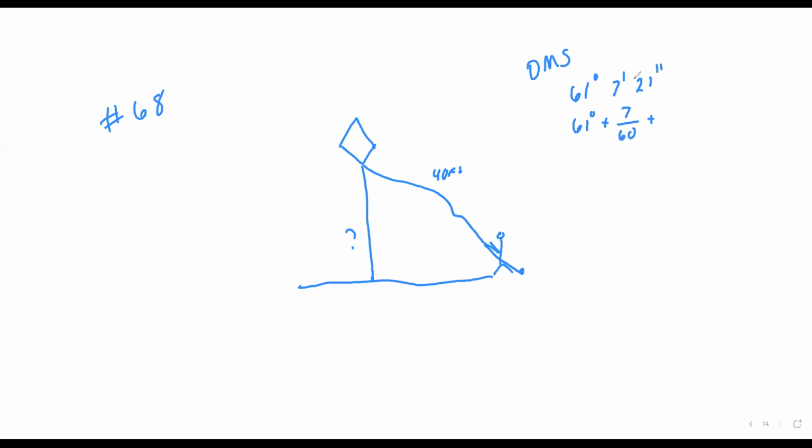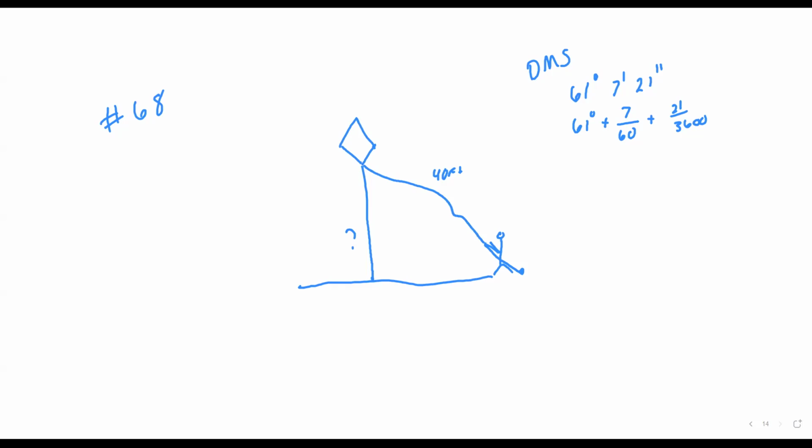Plus there is 21 seconds, there's 60 seconds in 1 minute, so therefore there is 3,600 seconds in 1 degree. Let me make sure I gave you the right number, 3,600. And then you just add those up.